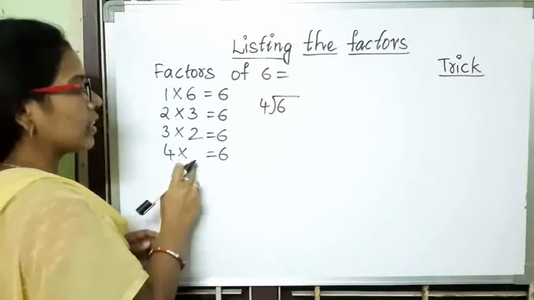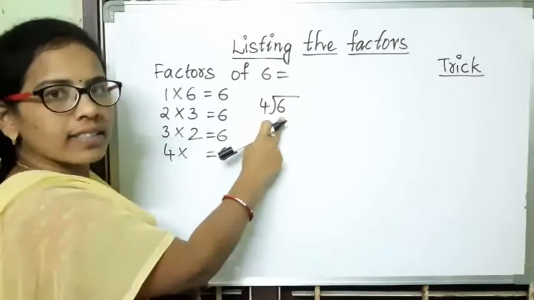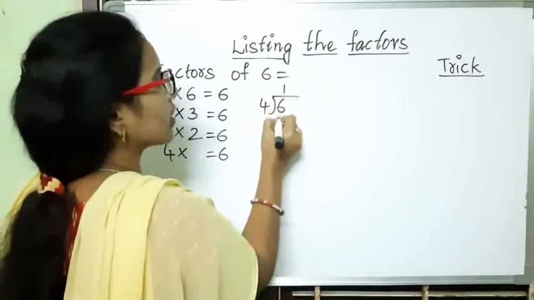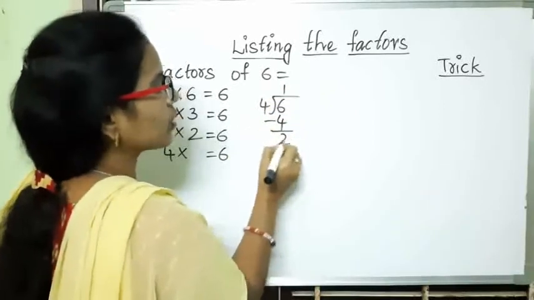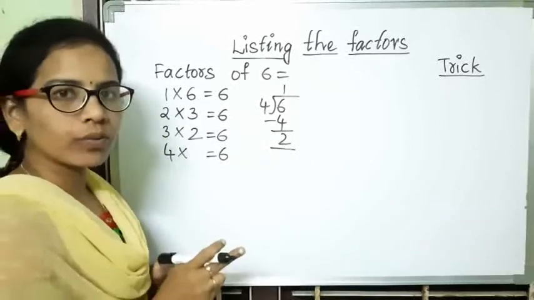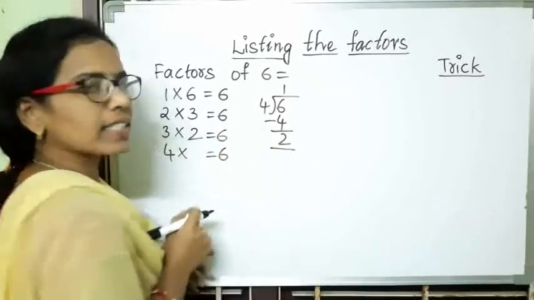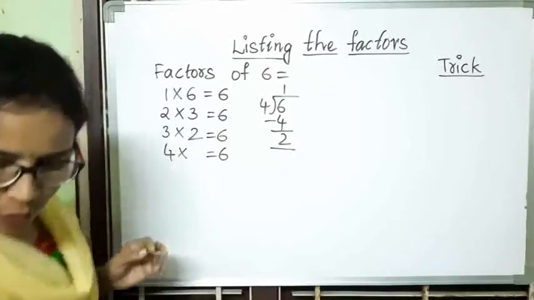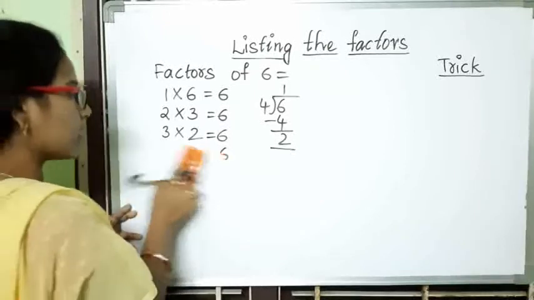We are going to divide 6 by 4. 4 ones are 4. 6 minus 4 equals 2. Here the remainder is 2, not 0. That means 4 is not a factor of 6. So we do not take 4 as a factor of 6.